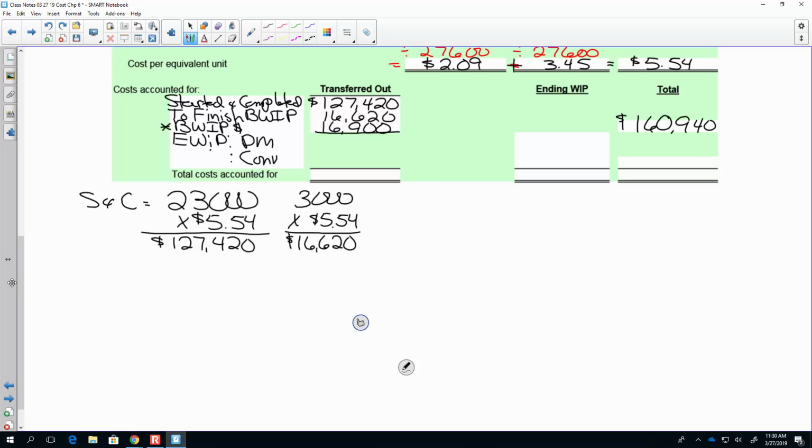And then finally, our ending WIP. We have ending WIP materials, ending WIP conversion. What were the equivalent units? 1,600, very good.